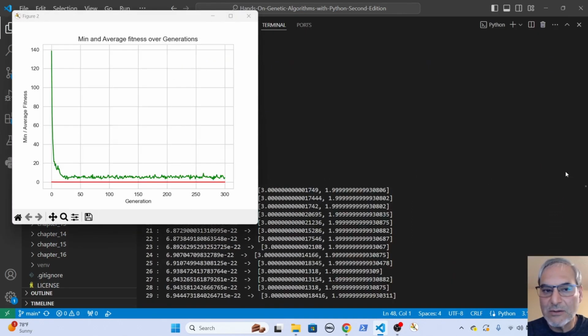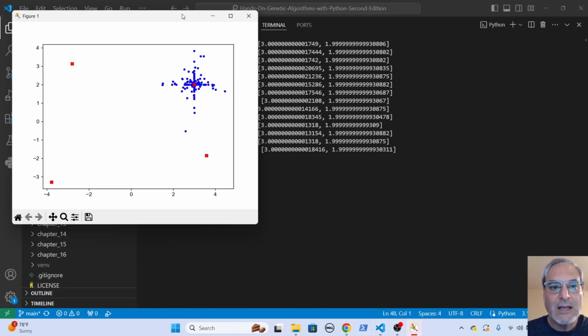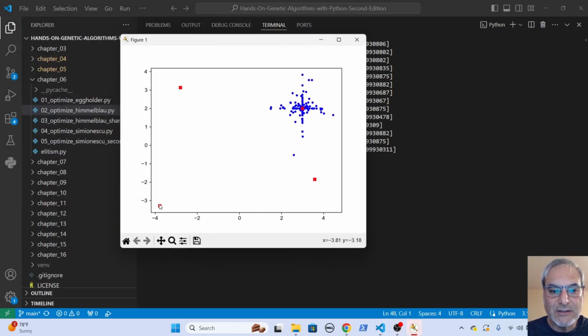And we are going to see here, here we actually draw the four points where the 4 minima of that function are, and we can see that one of them was found, and pretty much our solutions were concentrating around it. Some of them found at least the x or the y coordinate of it, and are generally there around it.